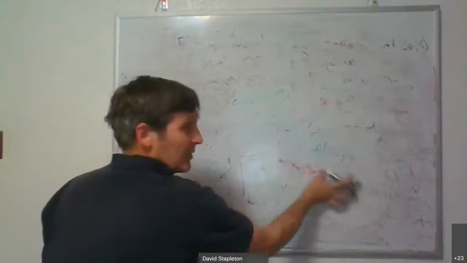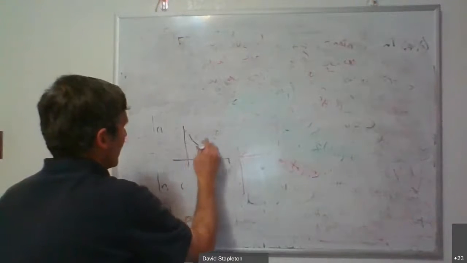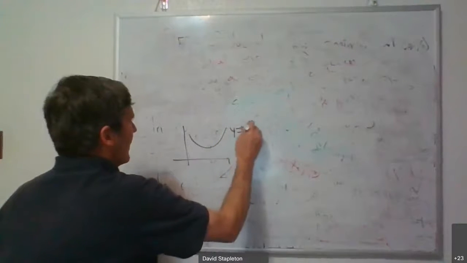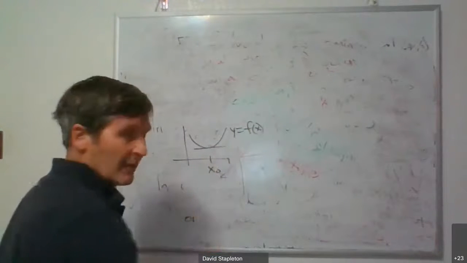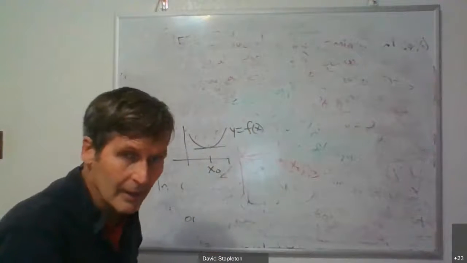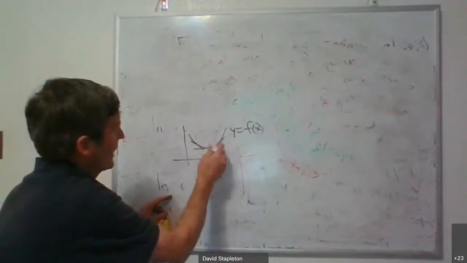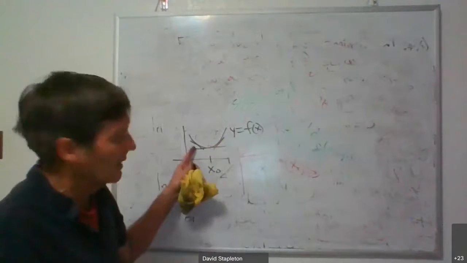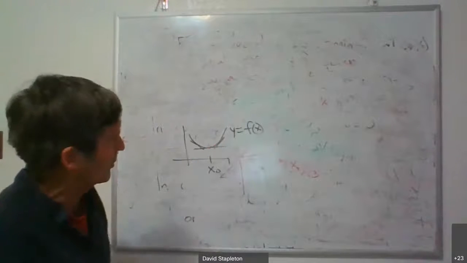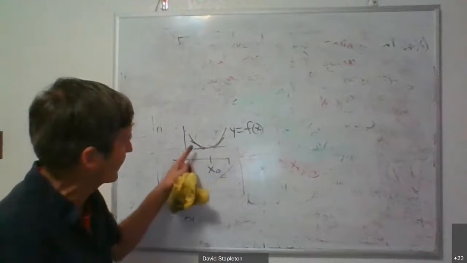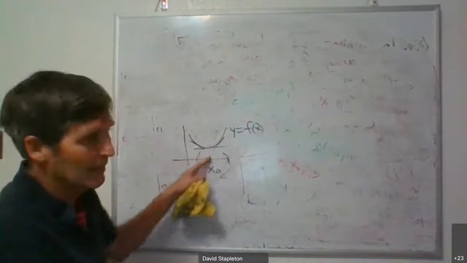I'll just draw this on the side. You don't need to do this. When a function had a derivative, you could check the derivative a little bit on the left and a little bit on the right. And if it was down always on the interval on the left and up always on the interval on the right, the slope was negative over here, positive over here on some interval, no matter how small, then you knew that it was a local minimum.